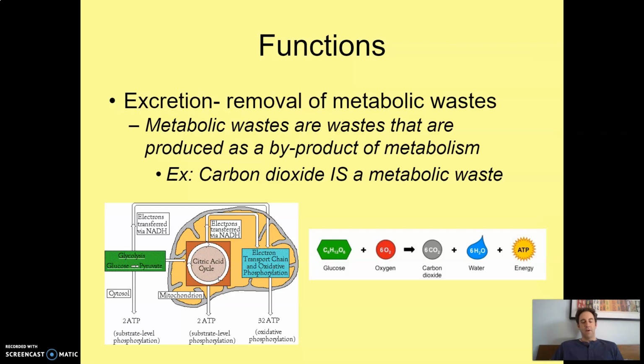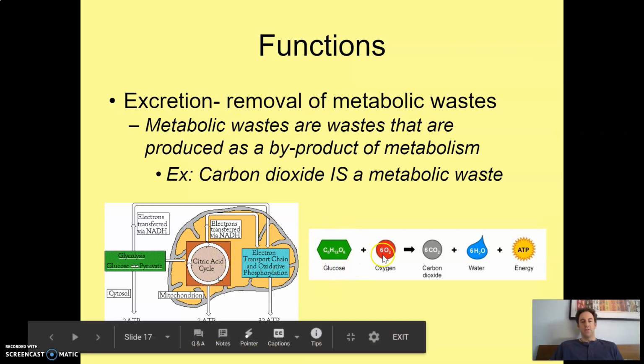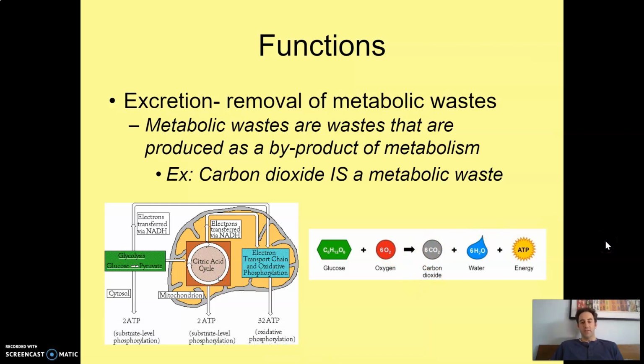A metabolic waste, by contrast, is produced just by chemical reactions happening inside our body. So probably the best known example of a metabolic waste is carbon dioxide. When you do cellular respiration, which we've talked about, you react glucose with oxygen to produce CO2 and water. Well, that CO2, that carbon dioxide, is a waste product, and you have to get rid of it. And as we saw a couple units ago, our lungs get rid of it for us.